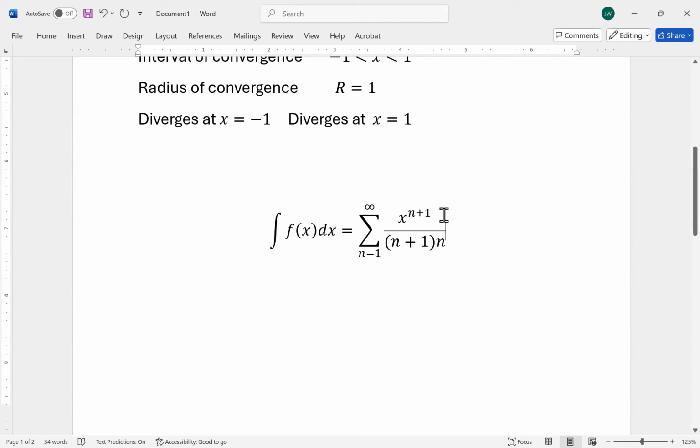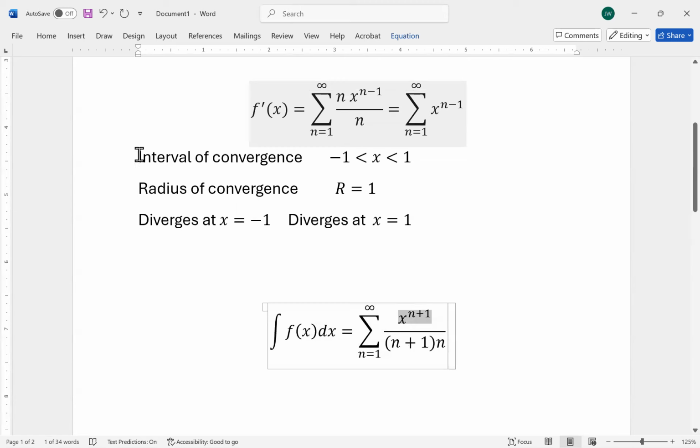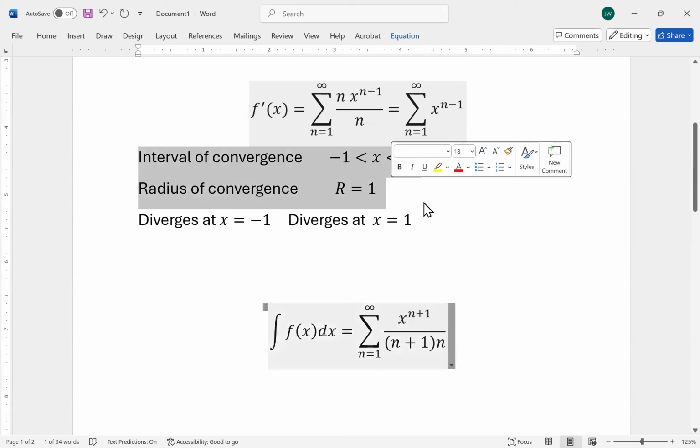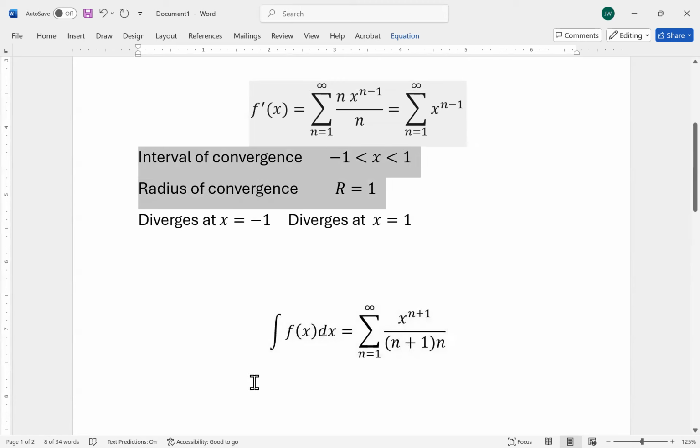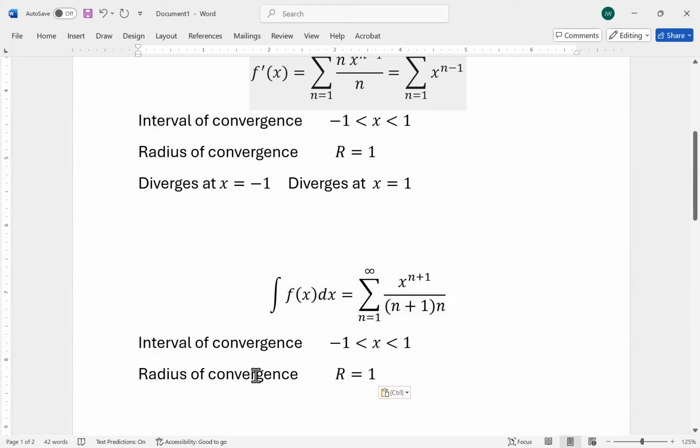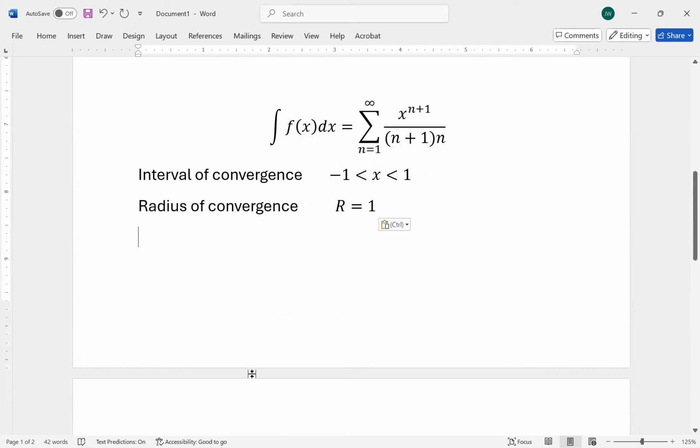Once again, exponential is dominant. So once again, interval of convergence and radius of convergence are the same. That doesn't change. The endpoints may.